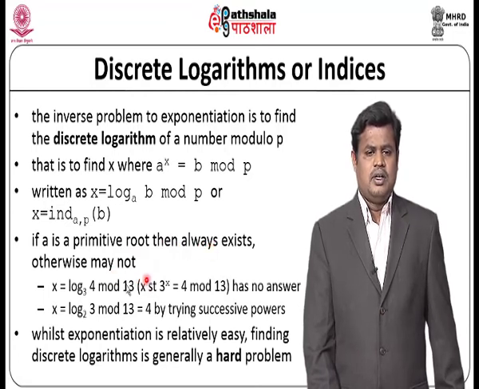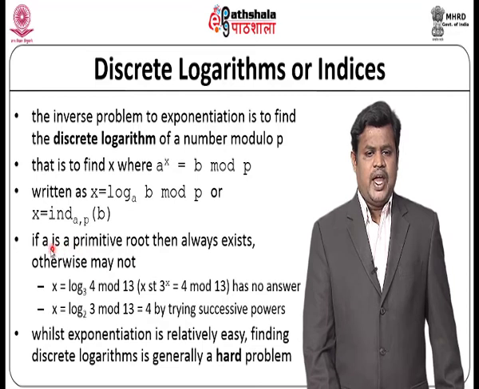For example, if a is a primitive root, and I take x equal to log 3 4 mod 13, then it has no answer. Similarly, x equal to log 2 3 mod 13 is equal to 4, found by trying successive powers.